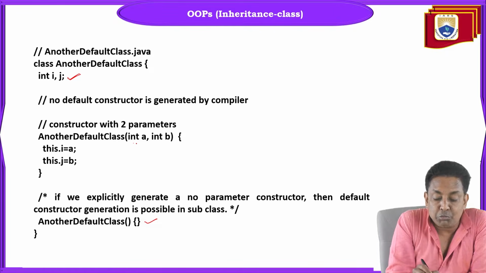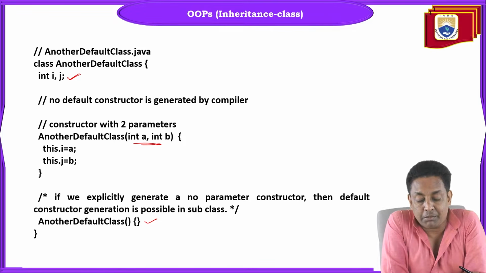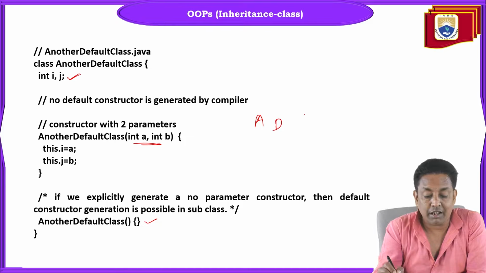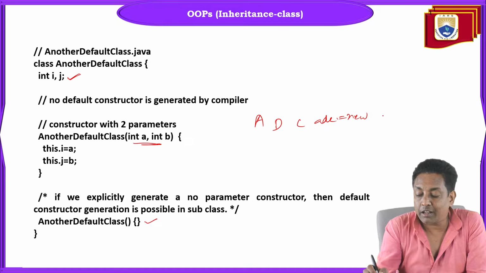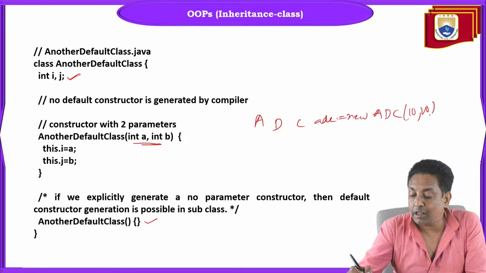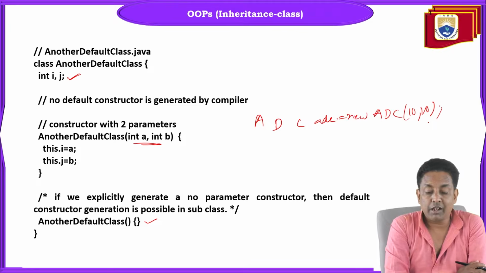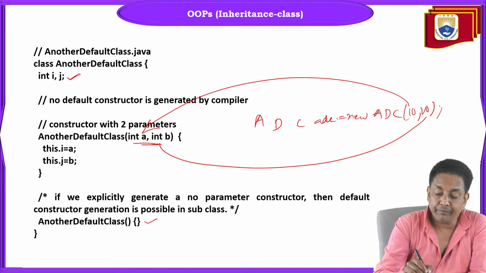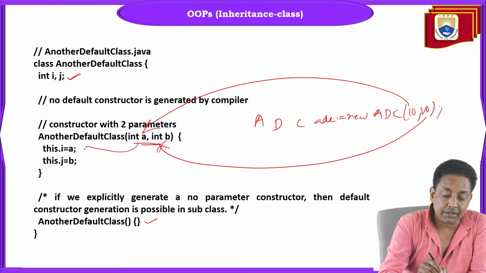Suppose you write one two parameter constructor with int a, b, and anybody creates an object of AnotherDefaultClass, adc is equal to new AnotherDefaultClass(10, 20), like this. This 10 and 20 will come to this a and b. This a will be assigned to class instance variable i.